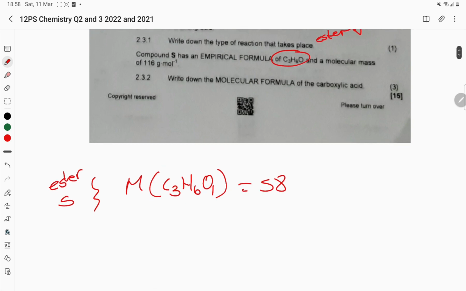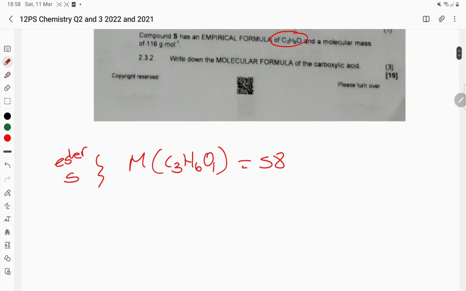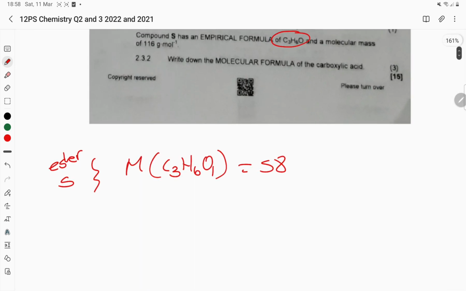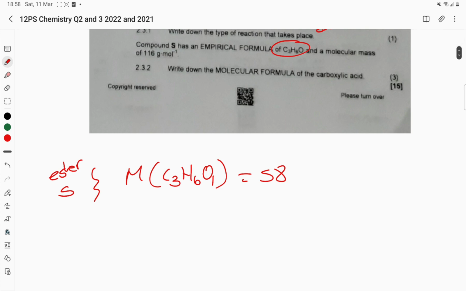It's grade 10 work, but now we're trying to find out the molecular formula of this ester. Not yet the carboxylic acid. We're going to have to draw a picture and try and find out what it actually is.